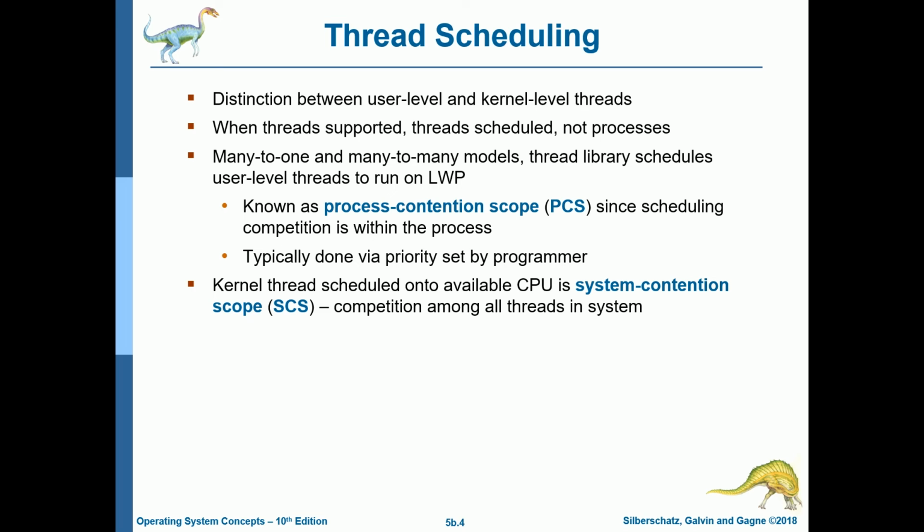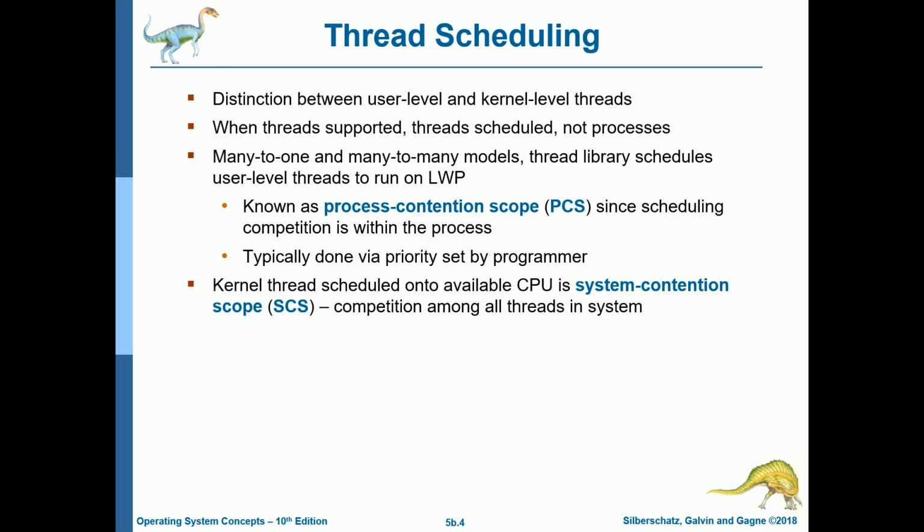One major distinction between user level and kernel level threads lies in how they are scheduled. For example, on systems implementing many-to-one and many-to-many models, the thread library schedules user level threads to run on an available LWP. This is known as process contention scope, PCS, since the competition for the CPU takes place among threads belonging to the same process.